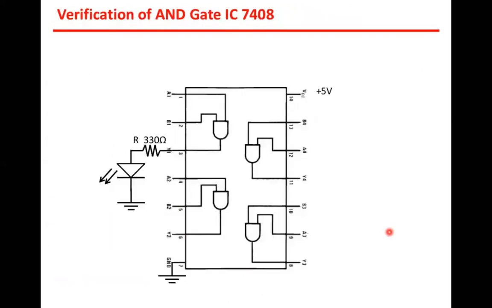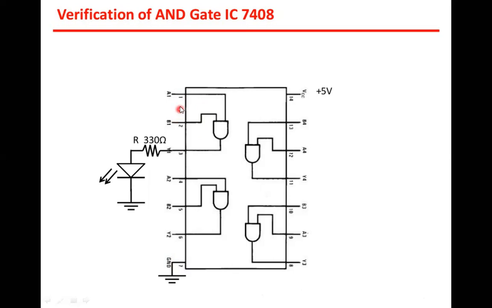Just for verification, you can give a power supply plus voltage here and make this particular pin number 7 a ground. And then we have considered this particular one independent gate, the first AND gate. The input to this is A1 and B1, output will be Y1.